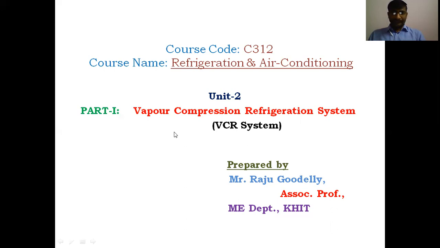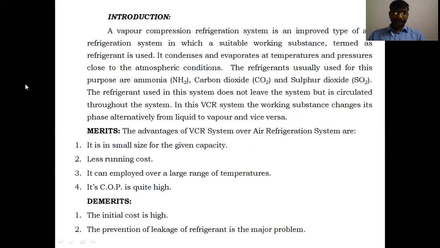Let us go for the introduction to the vapor compression refrigeration system. A vapor compression refrigeration system is an improved type of air refrigeration system in which a suitable working substance termed refrigerant is used. It condenses and evaporates at temperatures and pressures close to the atmospheric conditions.